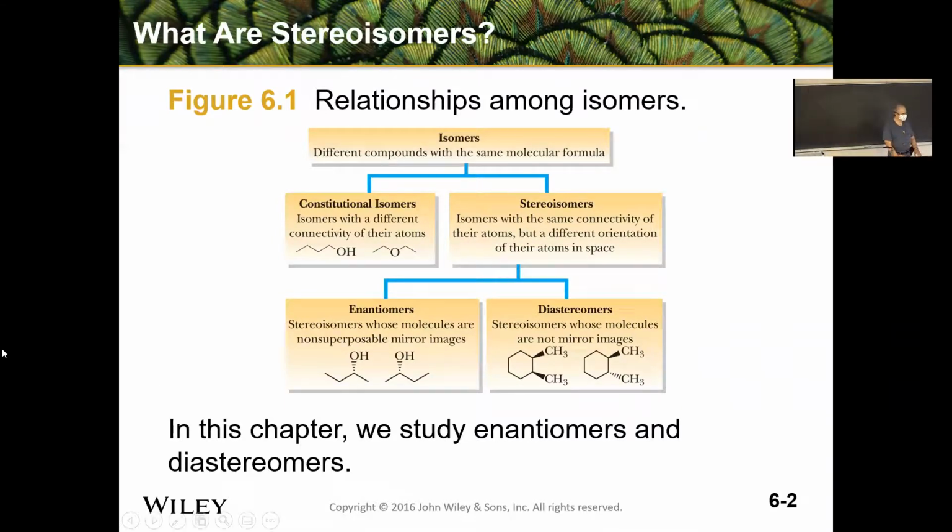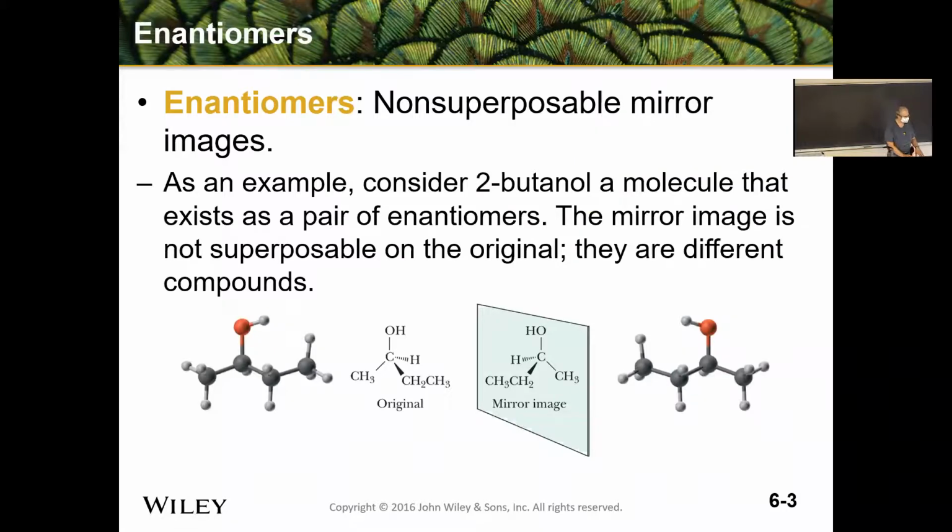We're going to introduce these other terms shortly, enantiomers and diastereomers. Those are both types of stereoisomers. Cis and trans alkenes are stereoisomers, and they're also what are called diastereomers. And we'll define the distinction here between enantiomers and diastereomers. The definition of enantiomers is that they are non-superimposable mirror images.